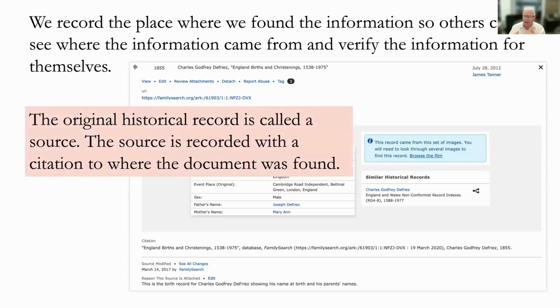Now, to clarify the words here of genealogy, the original record is called a source. That means source meaning where you got the information, the source of that information. And the source is recorded with a citation. And the citation is the formal way that you enter and record that information, so that others are facilitated in finding and verifying, if necessary, the information that you've entered into your family tree.